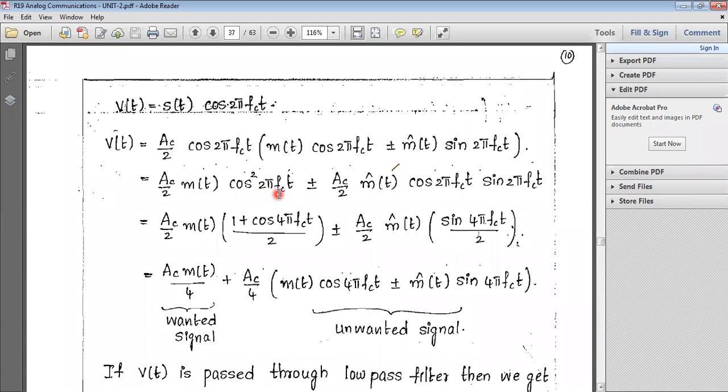What is theta? 2 pi fct. So it becomes cos 4 pi fct by 2, plus or minus Ac by 2 m cap of t, and cos theta sin theta equals sin 2 theta by 2. What is theta here? 2 pi fct. So therefore sin 4 pi fct by 2.